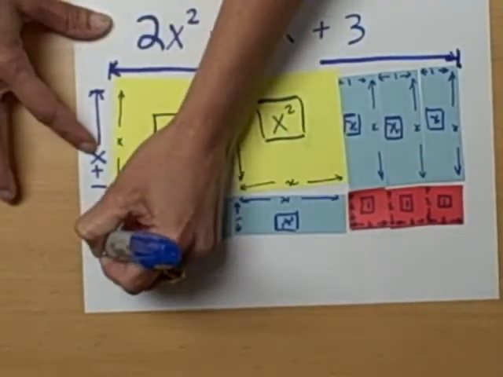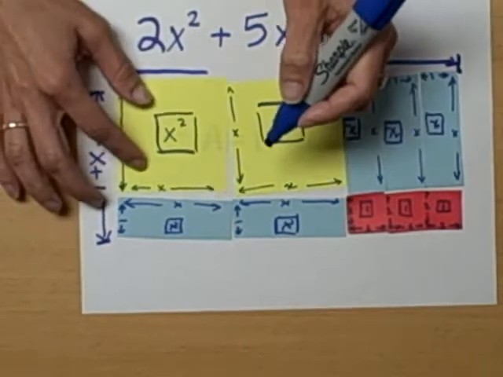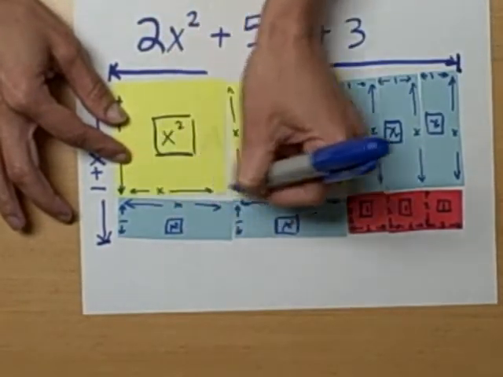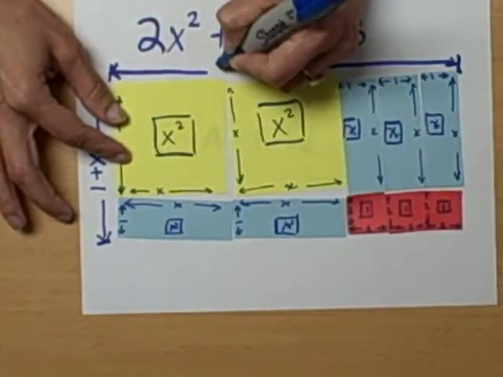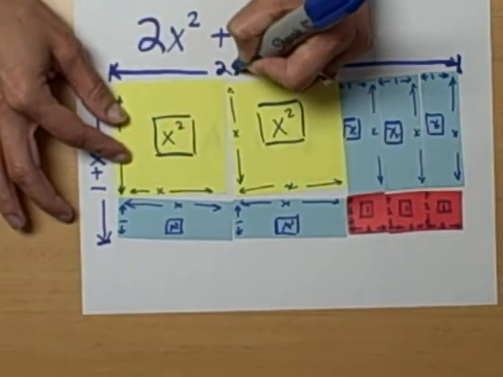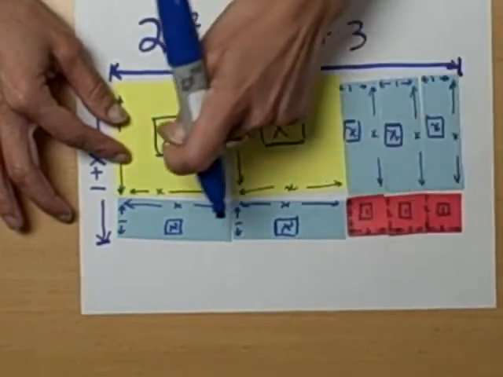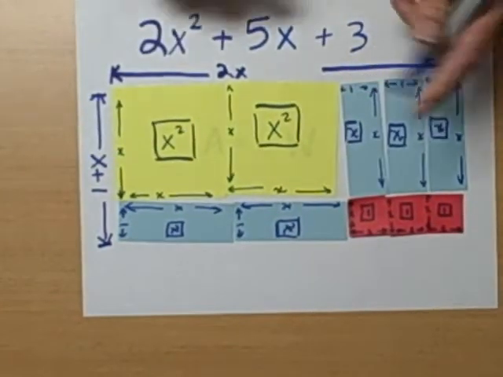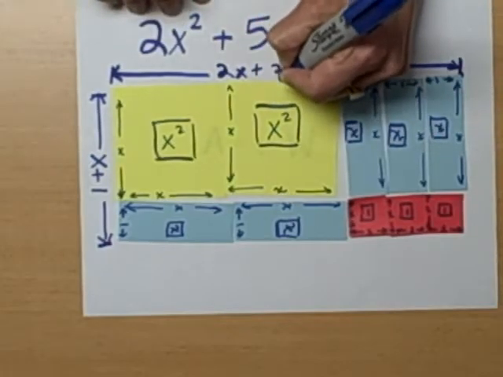I should probably put little lines there. Well, over here I have x and x. I can tell because it's x and x down there. So x and x, that's 2 x's. As far as the length is concerned, I'm not talking about the area. And the length here is 1, 2, 3.